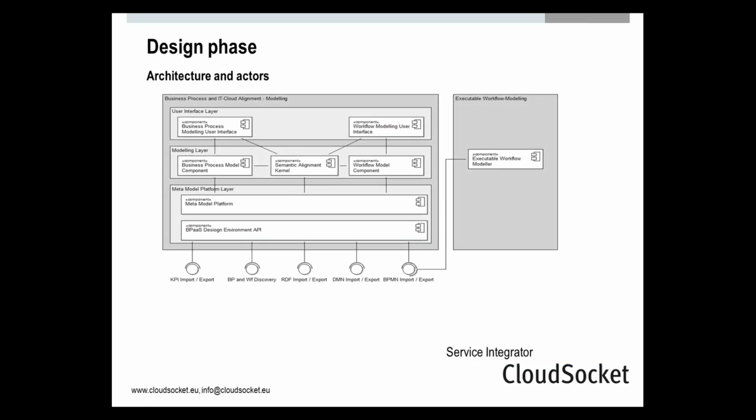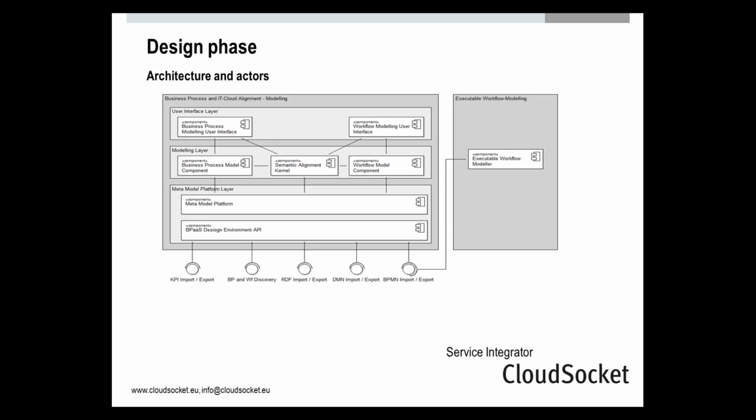If you remember, we have identified two phases in which we have the workflow engine inside the project, and now we are entering the design phase. Here is the architecture for this design phase. The design environment is not the objective of this webinar to enter in detail.